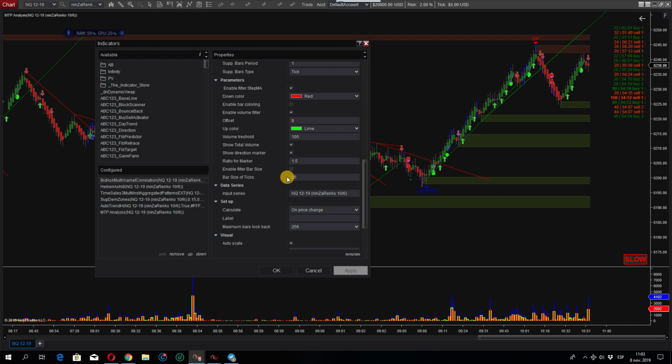So if you're using another type of bar, this filter is very usable. That way you can prevent trading those bars that are basically 1 or 2 ticks when the market moves very fast, so you will not have those signals that are not significant.